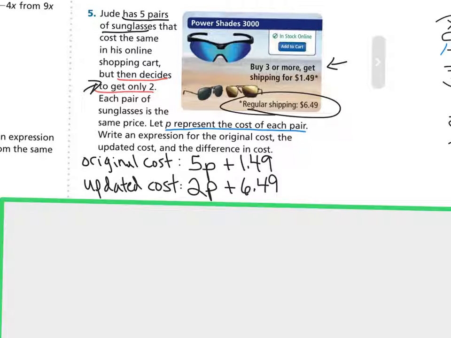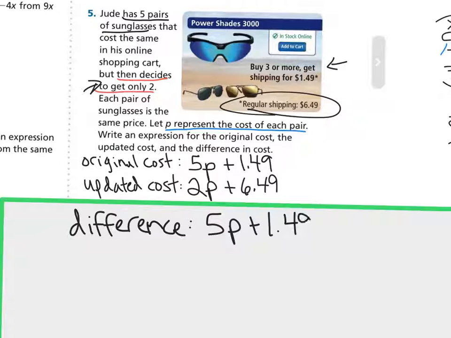So then, to find the difference in costs, difference would mean that we would be subtracting these. So what they're wanting us to do maybe is the original cost minus the updated cost.